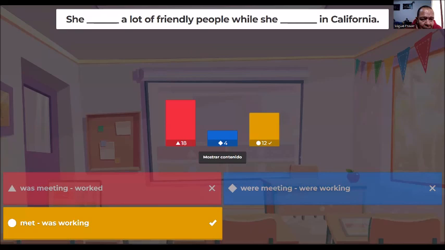In a certain way, an action interrupts another one.